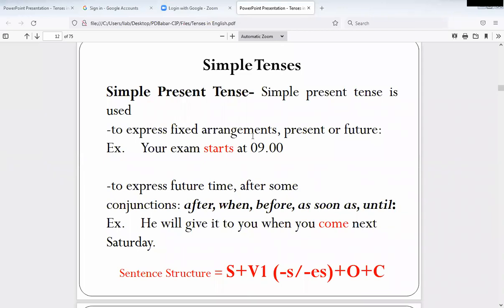So for the formation of these types of sentences, the simple present tense is used.